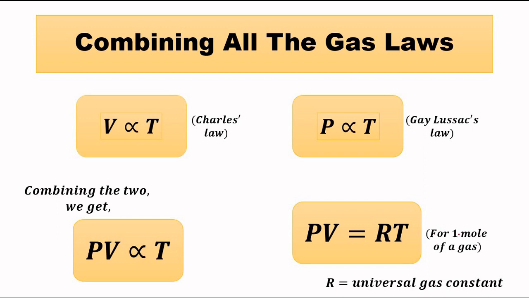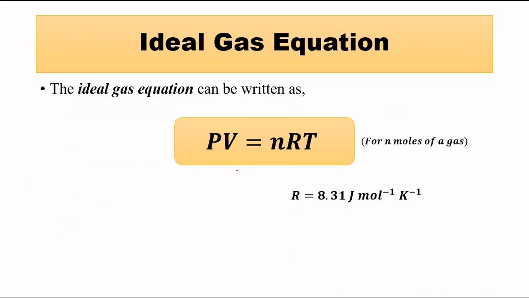Now, if we want to write the equation for n moles of a gas, then that will be PV = nRT, where n is the number of moles of gas and R is the universal gas constant, which is 8.31 joule per mole per Kelvin.